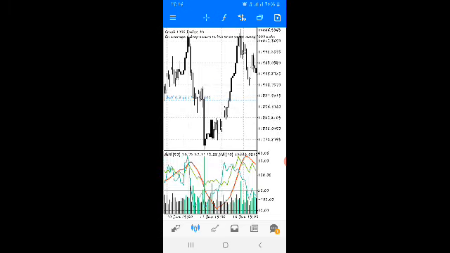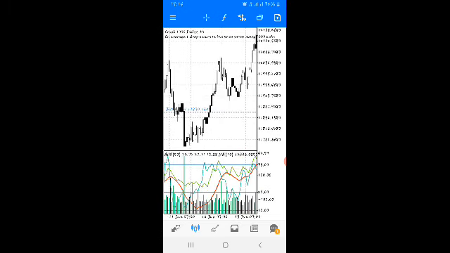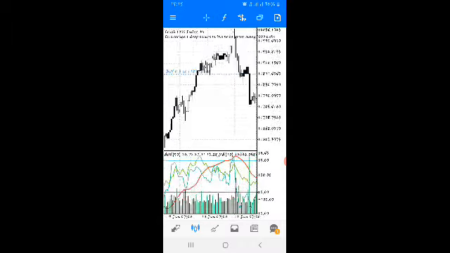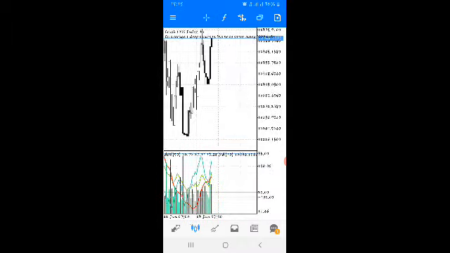So guys, note that the lower time frame will only move up, down, consolidate, but it must meet up with the direction of the higher time frame. So guys, that's how it is.